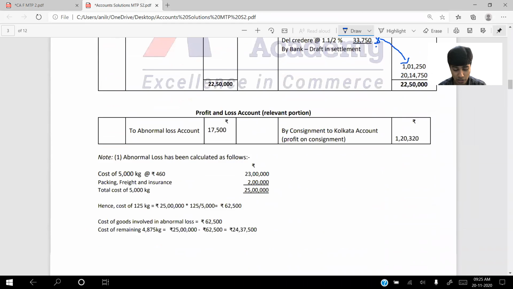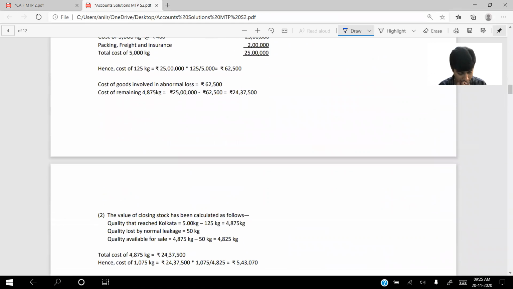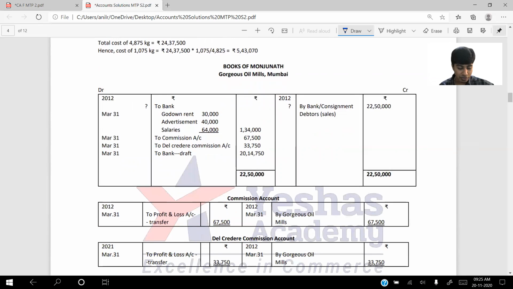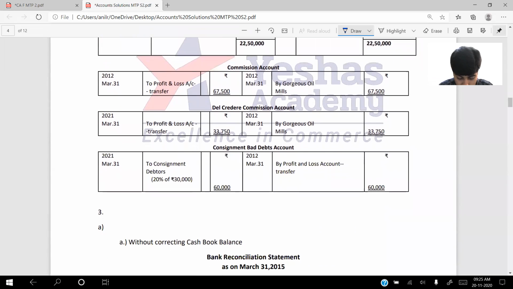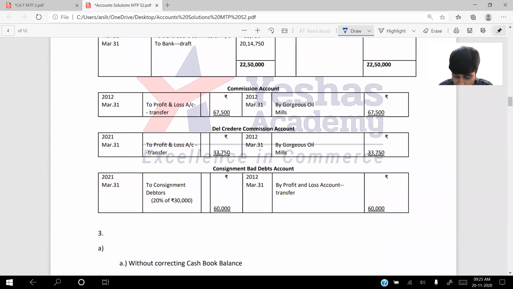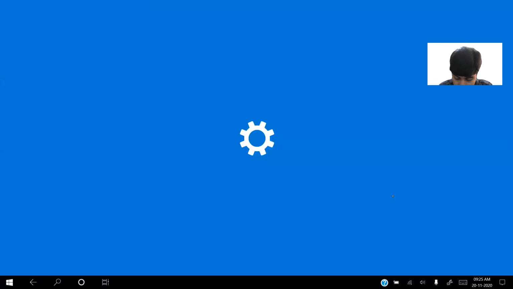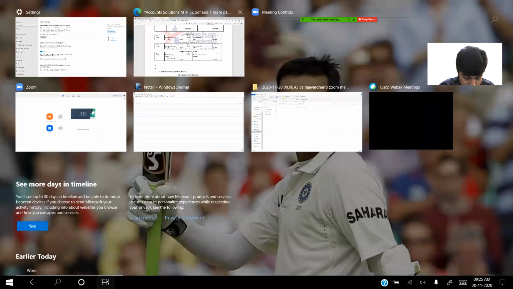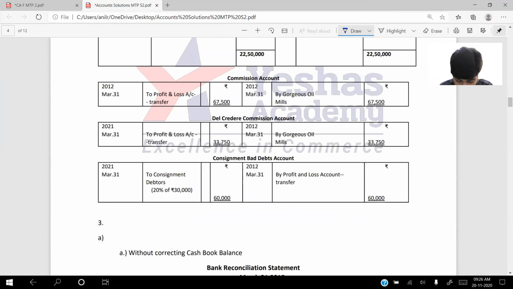Now we'll go to the accounts of Mr. Manjunath, in the books of Manjunath. You would have written expenses, bad debt, 60,000.